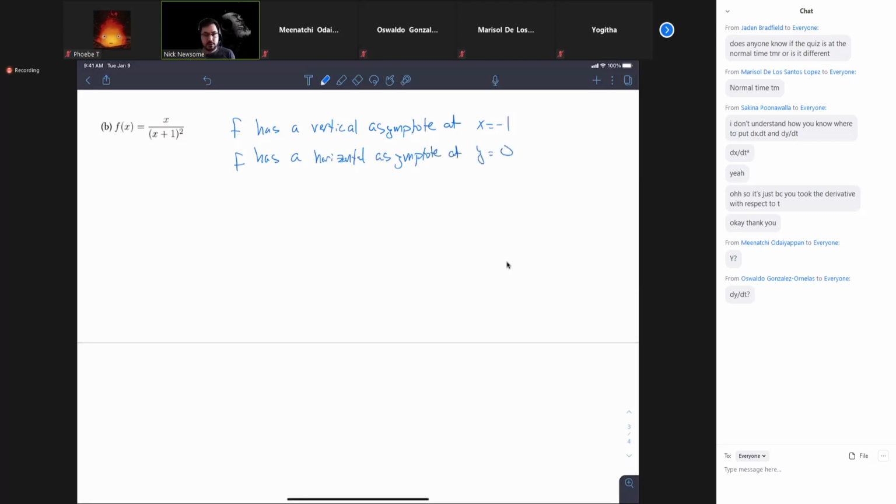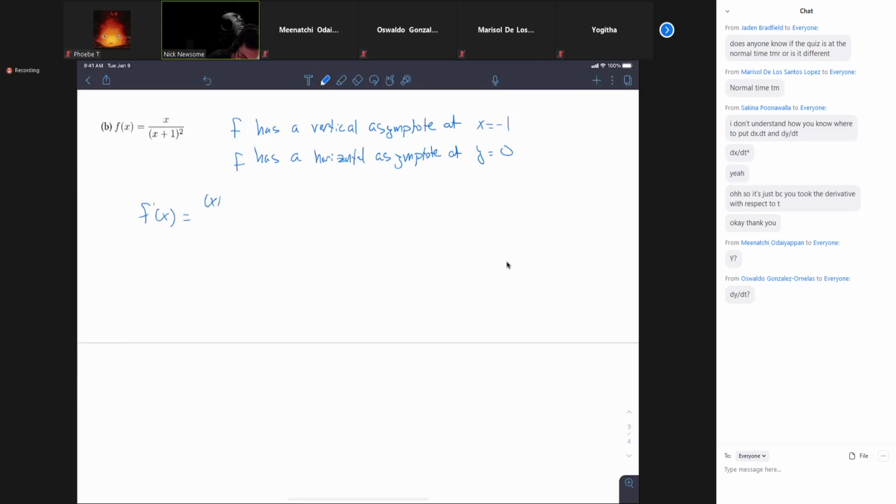Okay, now I need to figure out increasing, decreasing, relative min, relative max, all that good stuff. So I need to take a derivative. All right, this is a quotient rule. Quotient rule says we take the derivative of the numerator multiplied by the denominator.